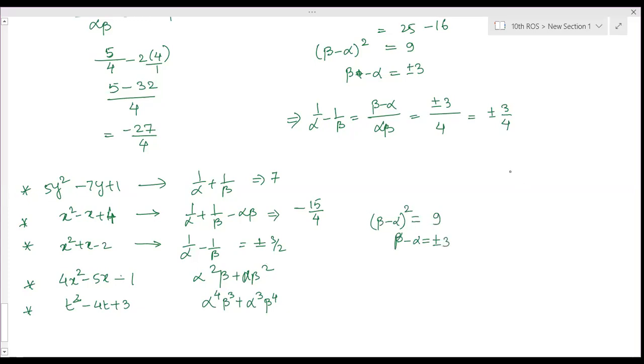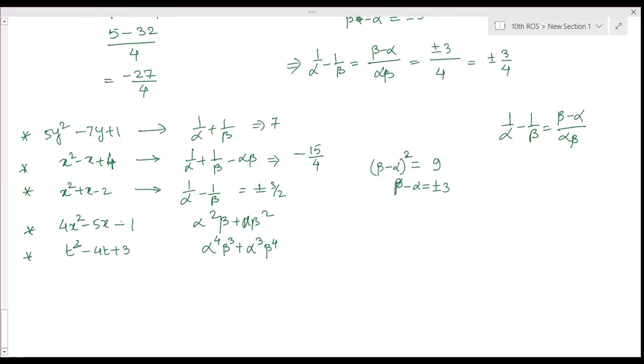And in this question, 1 by alpha minus beta, you need beta minus alpha by alpha beta. So from where does the square come? Oh, okay, ma'am. So we're squaring this.